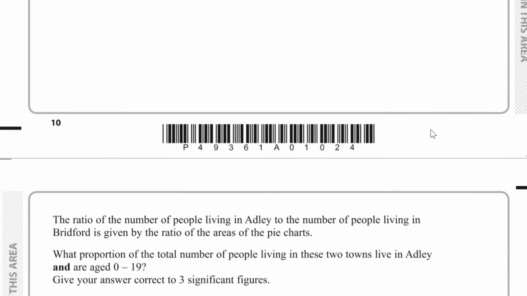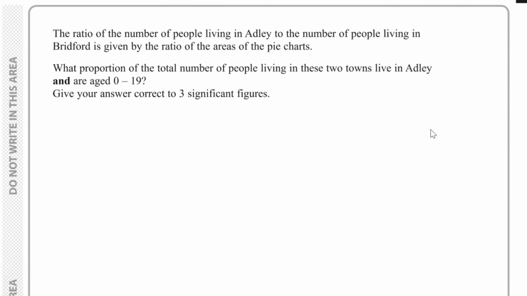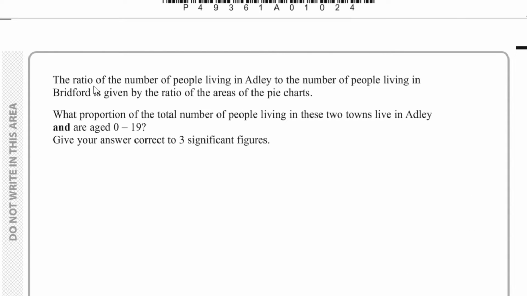So, what we have to do in this question is, well, we've been given the ratio of the number of people living in Adley to the number of people living in Bridford, which is given by the ratio of the areas of the pie chart. And we're asked in this question, what proportion of the total number of people living in these two towns live in Adley and are aged 0 to 19? Give your answer correct to 3 significant figures.